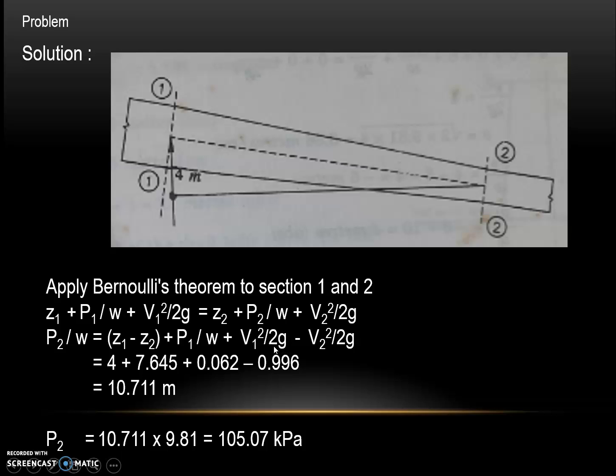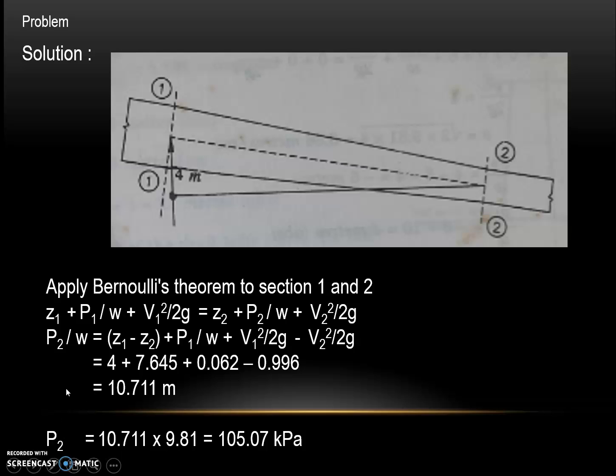So we get V1 square by 2g as 0.062 minus V2 square by 2g, which is 0.996. So after we calculate, we get the value of P2 by W as 10.711 meter.